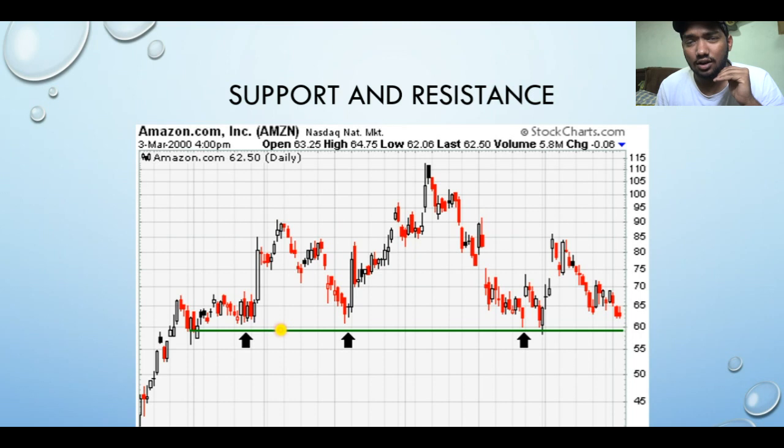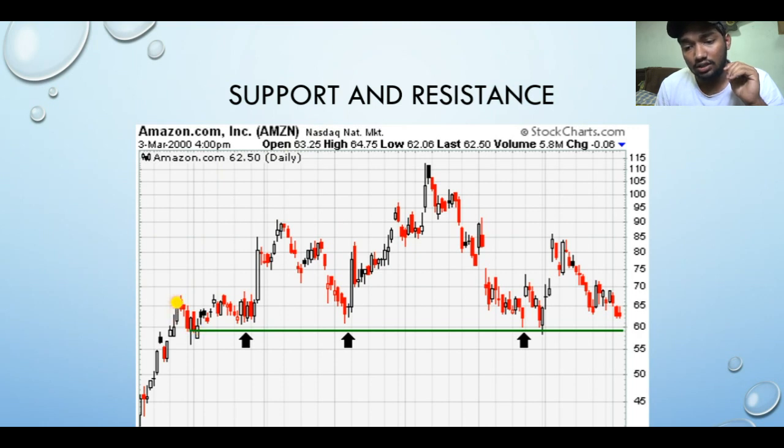This support and resistance helps you understand when to place a trade, and it will give you more knowledge about how to place your trades in this lesson. So here you can see the support and resistance. What does support mean?